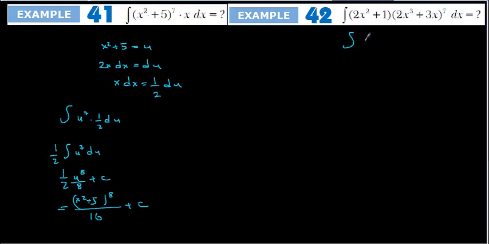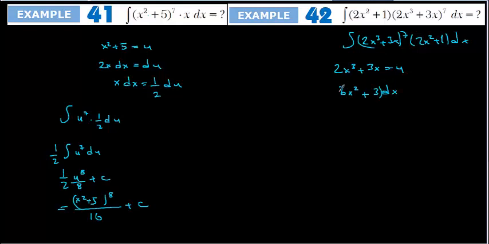So this is the integral, firstly, of (2x cubed plus 3x) to the power of 7 and (2x squared plus 1) dx, and I'm choosing 2x cubed plus 3x as u, and 6x squared plus 3, I got the derivative, is equal to du, it's going to be.